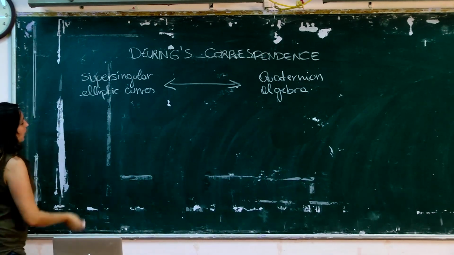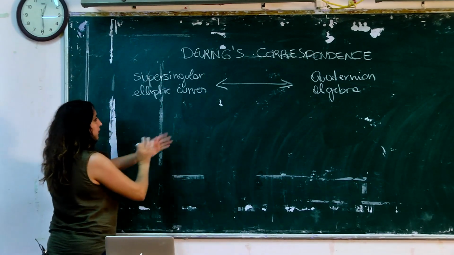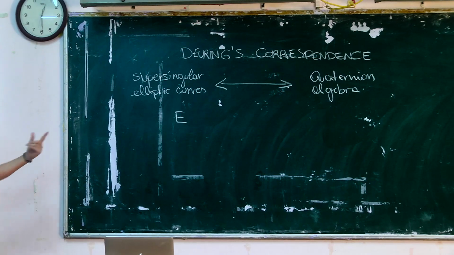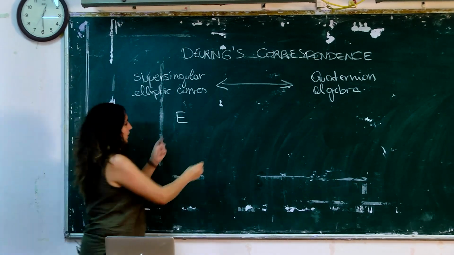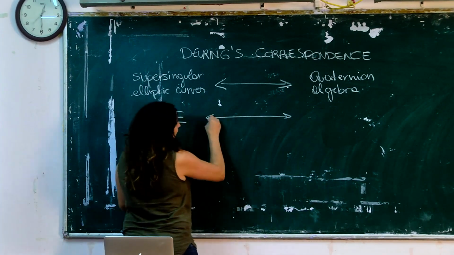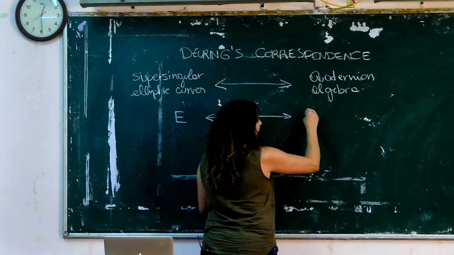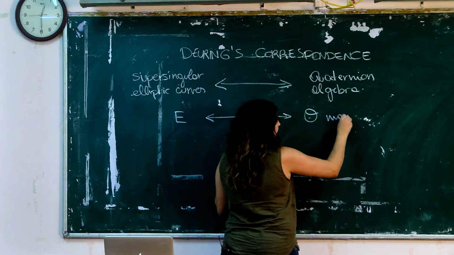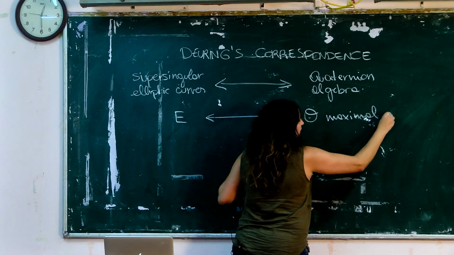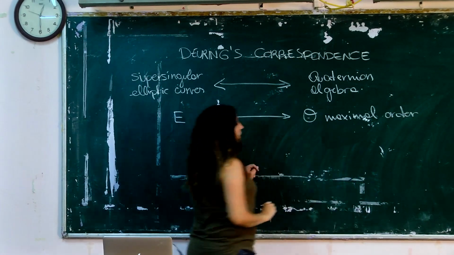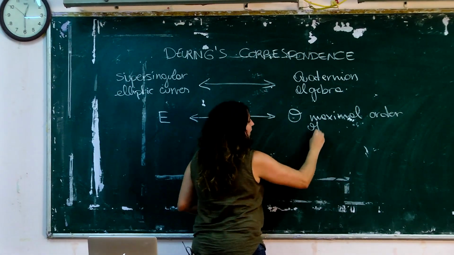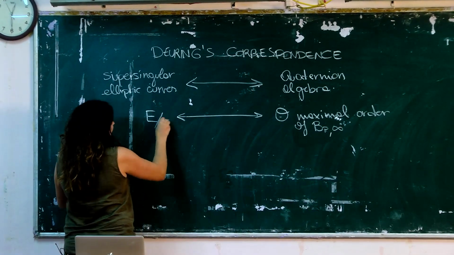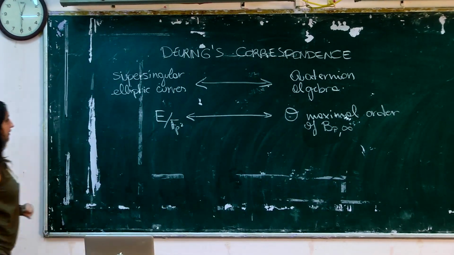And the idea is, well, this is not going to be exactly a one-to-one correspondence, but for our intuition, if I have a supersingular elliptic curve, here I have a maximal order of my quaternion algebra B_{p,∞}. Here my elliptic curve is defined over F_{p^2}.